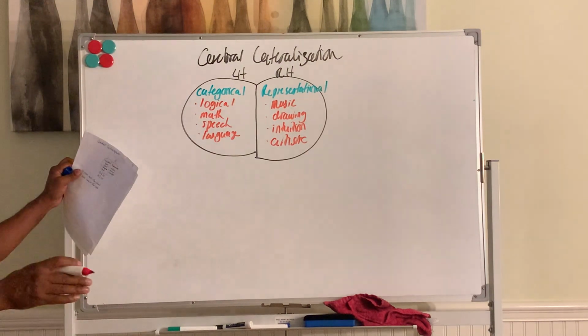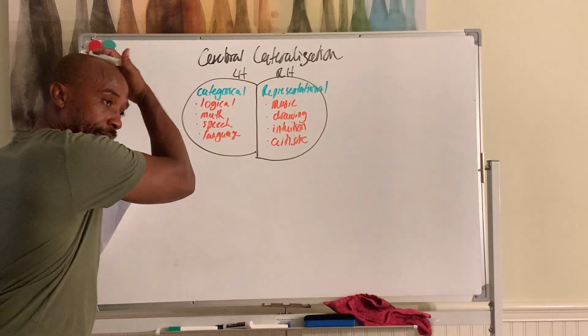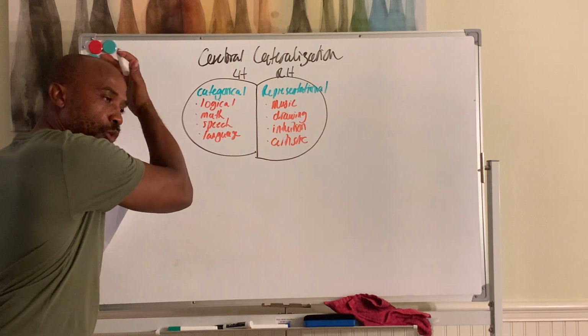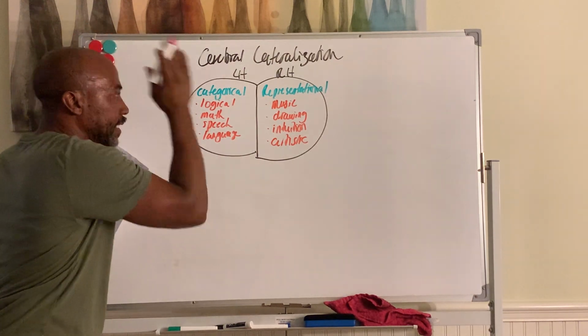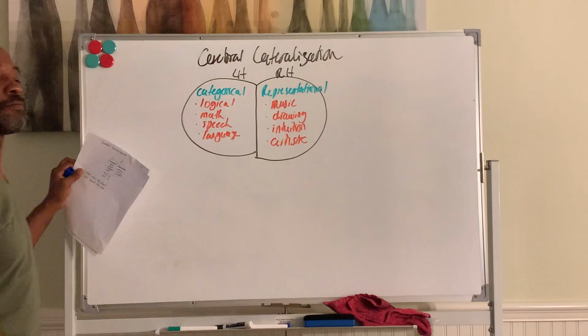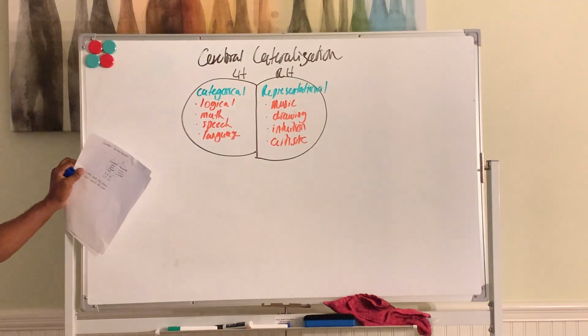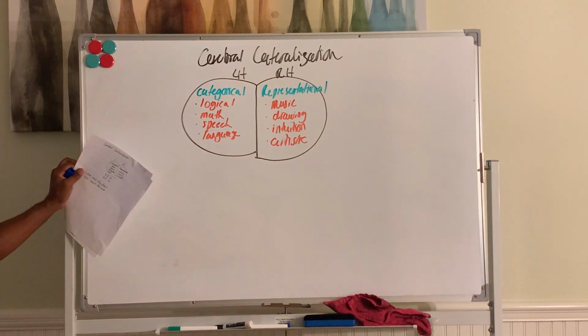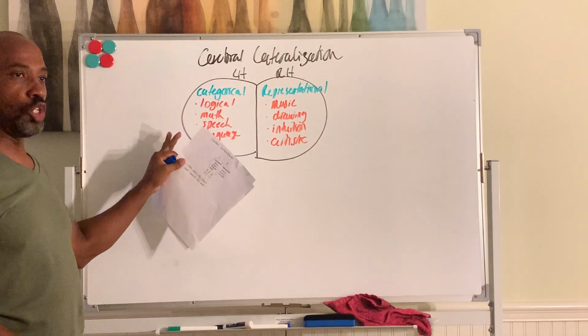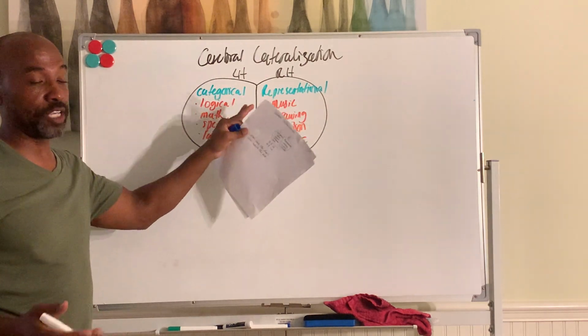And for most people, this is the case, where the left side of the brain speaks for you, comprehends words, does your math. The right side does your artistic stuff. Okay, so someone said to you, you are so left-brained. They're trying to say that you're very logical. You're so right-brained. They're trying to say to you that you're very artistic.